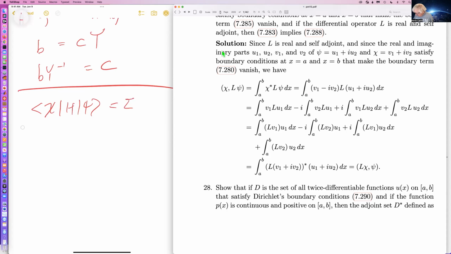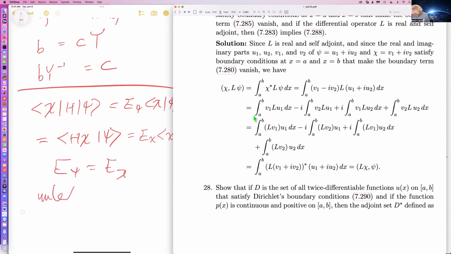Well, this would be E psi times chi psi, but you could also write it as H on chi, psi. And H on chi is E chi, so this would be E chi times chi psi. And so this relation implies that E psi is equal to E chi, unless chi psi vanishes.